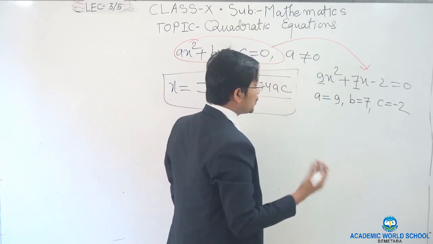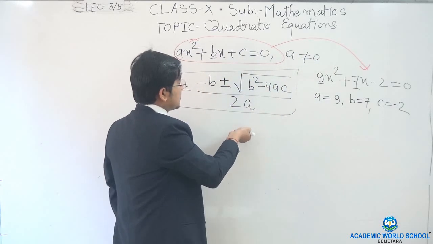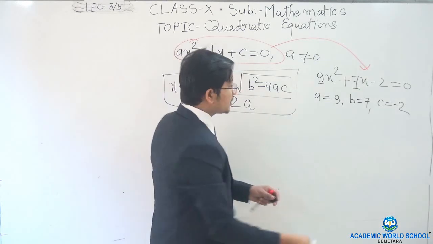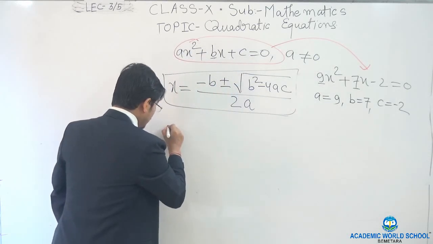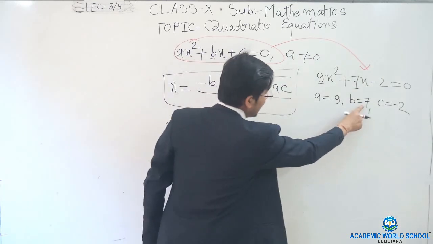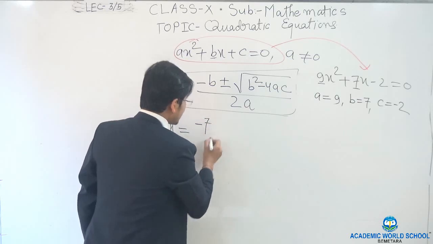Now I have to find the roots. So simple as this. This is the formula. In this formula we are going to put the values. So x is equal to minus sign, what is the value of b? Value of b is 7, so write 7.